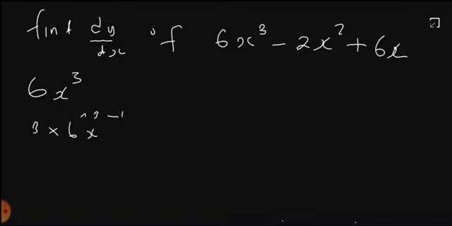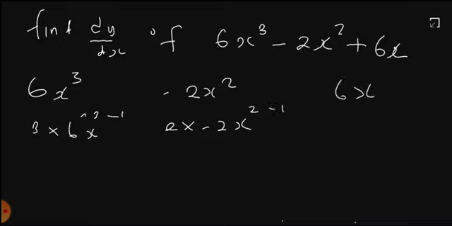Then we also have negative 2x squared, which is the same as 2 times negative 2x, 2 minus 1. Then we have 6x, which is the same as 1 times 6x, 1 minus 1. So what do we have as our final function?